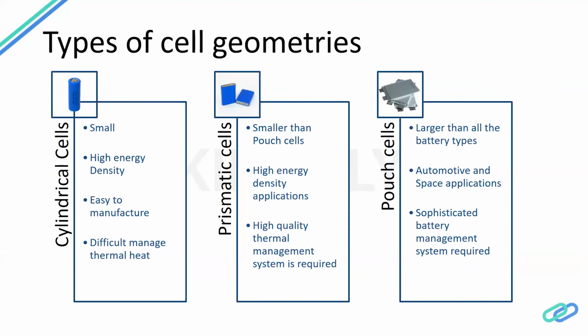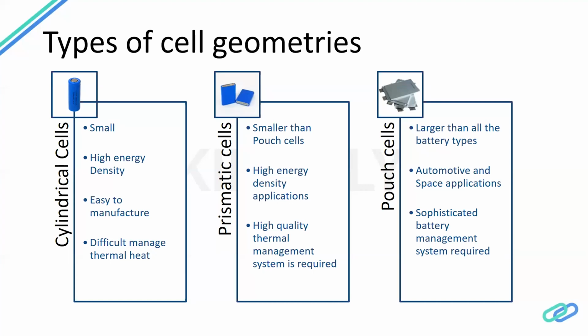Prismatic cells are used where a little higher concentration of energy is needed. In simple terms, we might call it energy density. If we need higher energy density than cylindrical cells, then we use prismatic cells, right? If we need more energy density than prismatic cells, then we use a bigger, larger size of cells, which are called pouch cells.